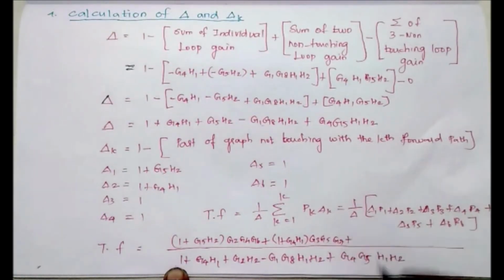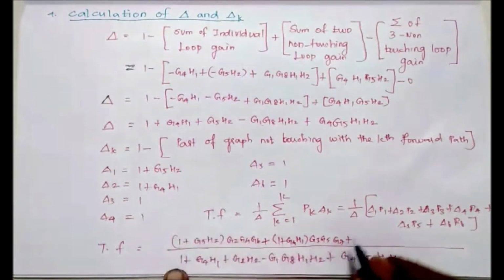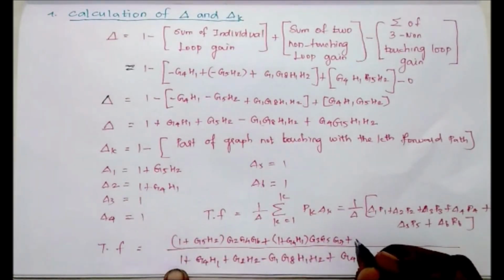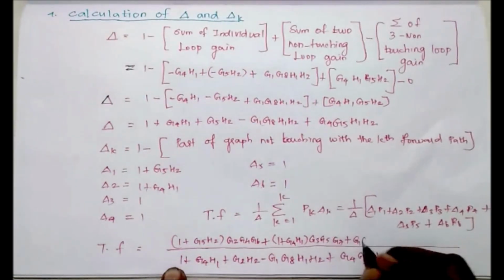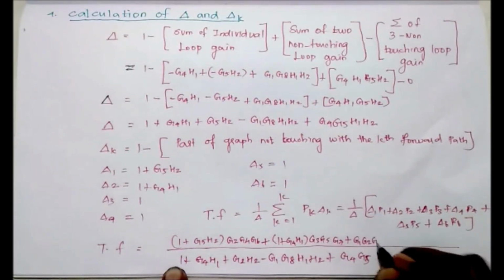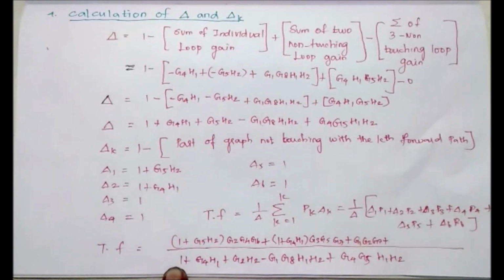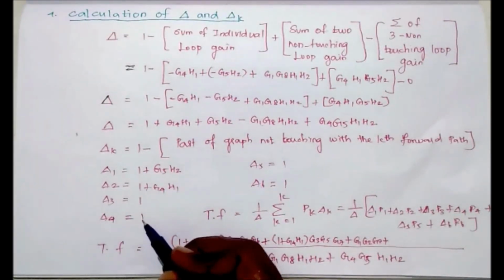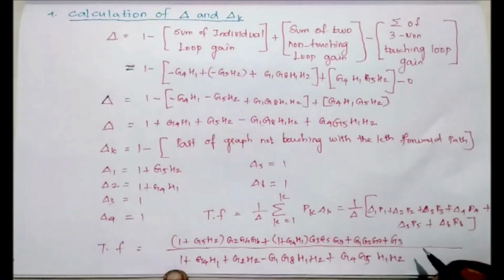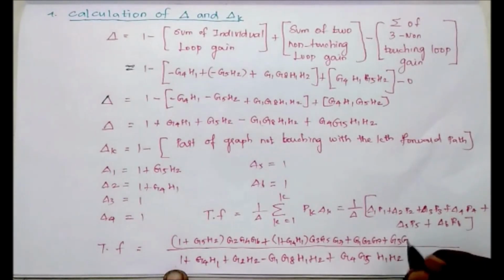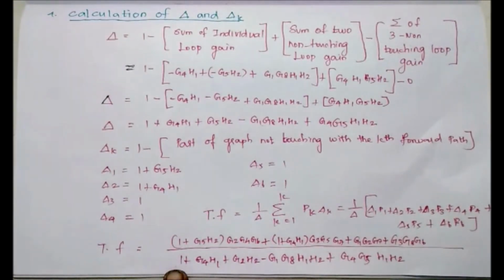Plus next, the del 3 value is 1, therefore 1 into P3, and the P3 value is G1 G2 G7. Next, the del 4 value is 1, therefore 1 into the P4 value we already calculated, G3 G8 G6.